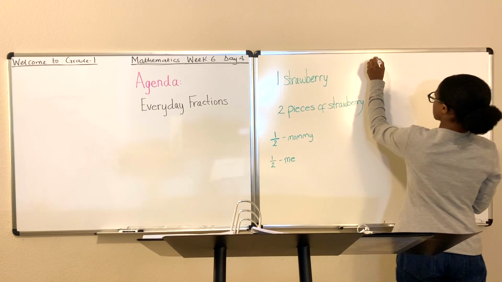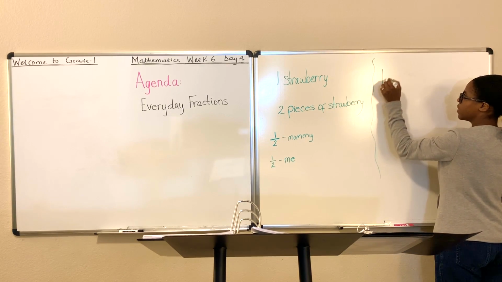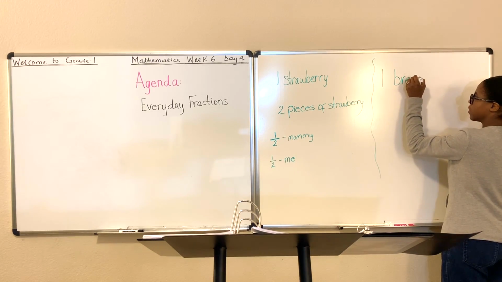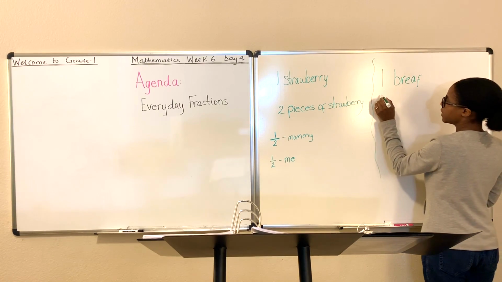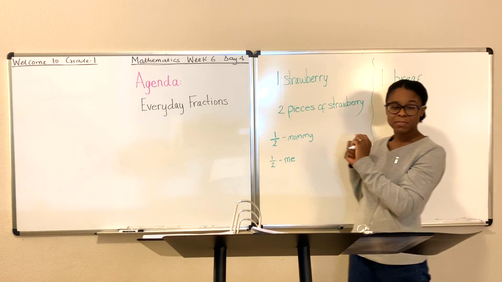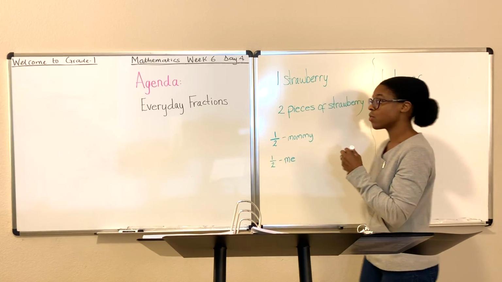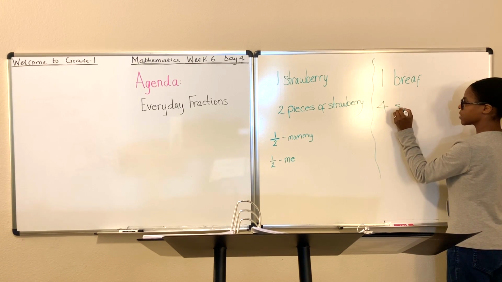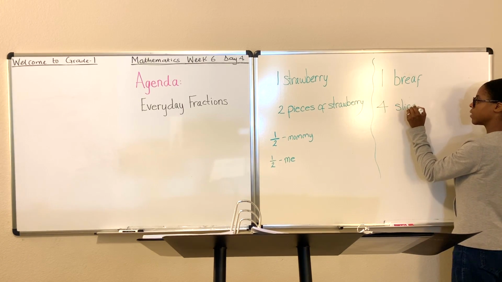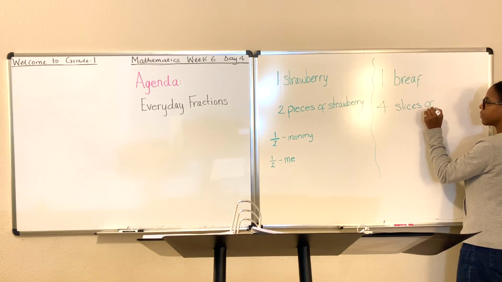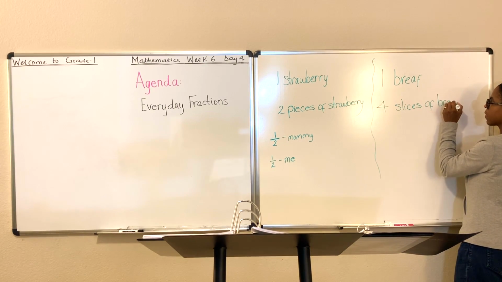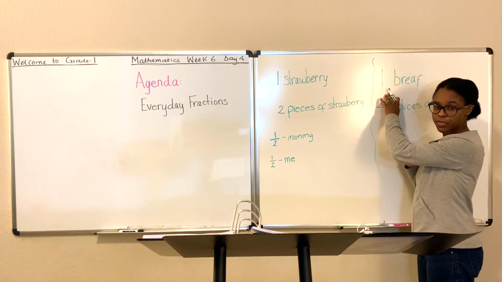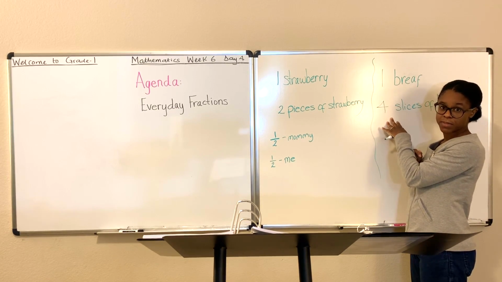Okay, so here we have one loaf of bread, and we needed to divide it into how many pieces? We needed to divide it into 4 pieces. So let's write that as well. Say 4 slices, if you like to say it that way. 4 slices of bread. Okay, now the bread was 1 full loaf, but we needed to divide it into 4 pieces.